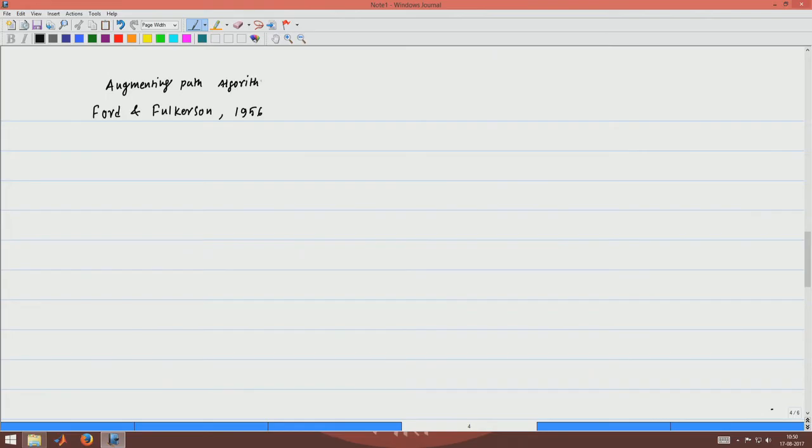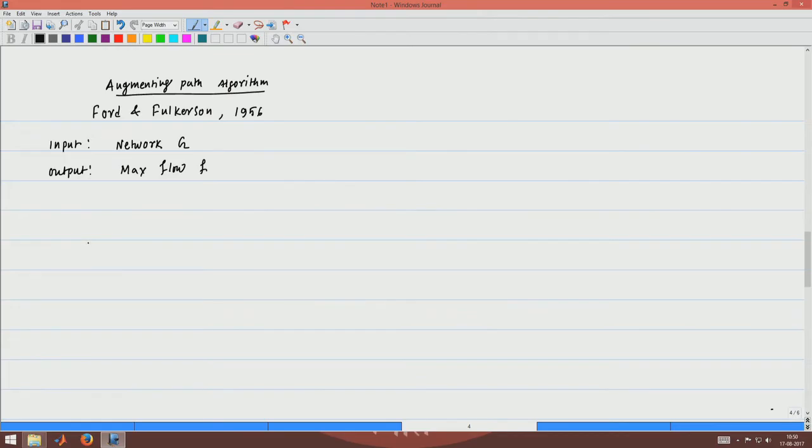Okay. So, input to this algorithm is a network G, and output to this algorithm is maximum flow F.